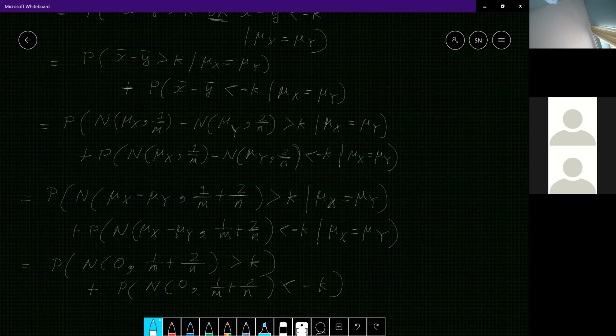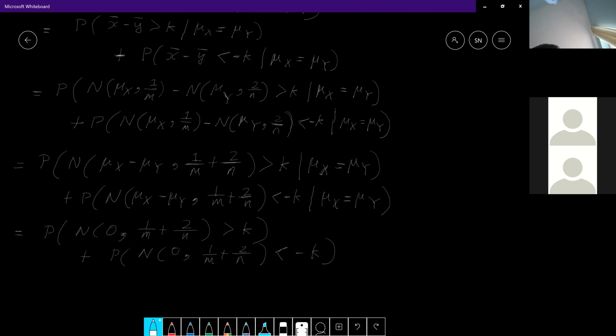Okay, guys. Now I'm going to divide both sides by the square root of the variance. So I would do that for each of the two terms.